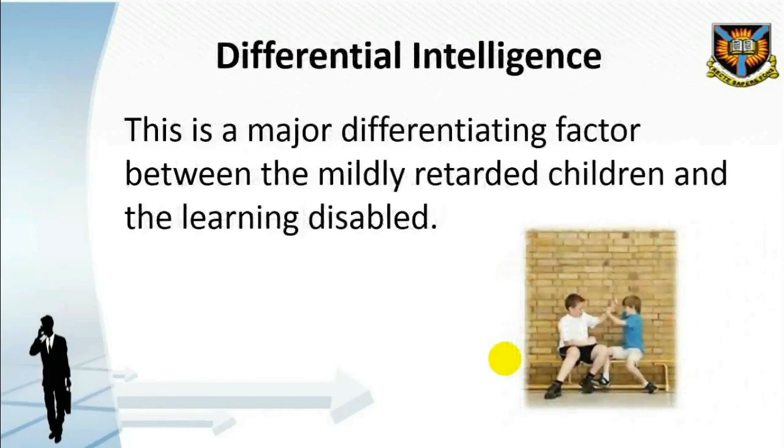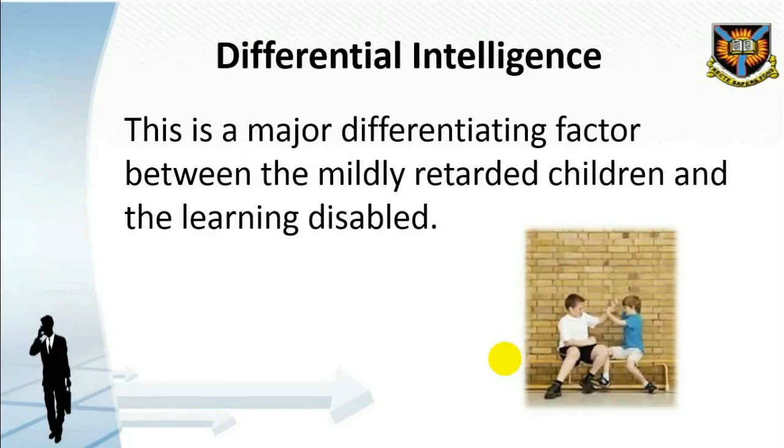Children with learning disabilities generally are described as having above average or average intelligence. This is a major differentiating factor between the mildly retarded children and the learning disabled.